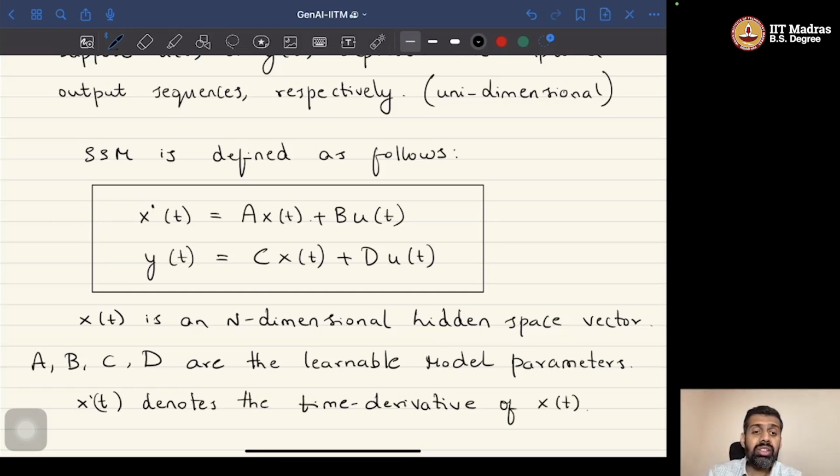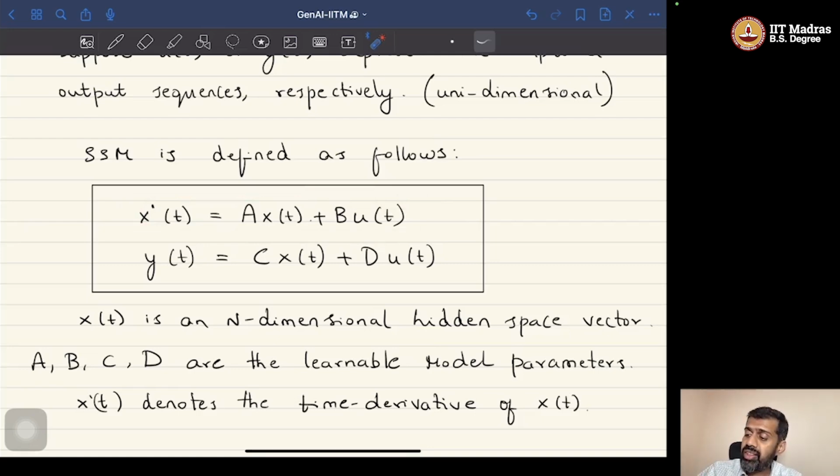Now, what we have is, given a signal u of t, which is one-dimensional, call it a signal or a sequence. That is first projected, so to speak, onto a state space or a latent space, which is n-dimensional, denoted by x(t). Now the temporal transition dynamics are learned on the state space.